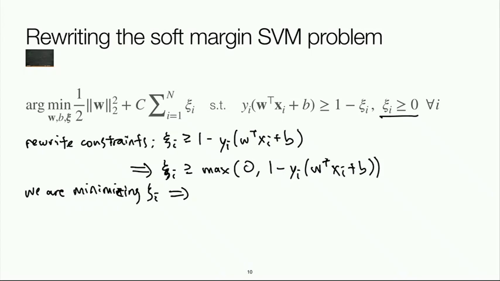That thing, right? Because it's not going to be larger than the minimum that it has to be if we're minimizing it, right? But it does have to be larger than this thing that is specified by the constraint. So therefore, this xi is going to be equal to the max that I wrote above.